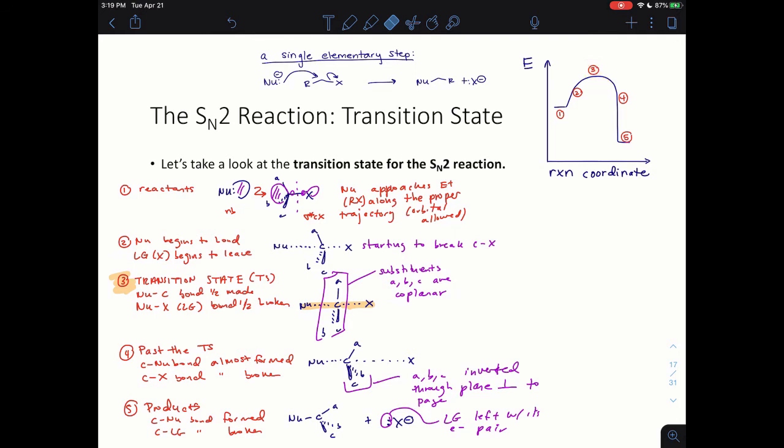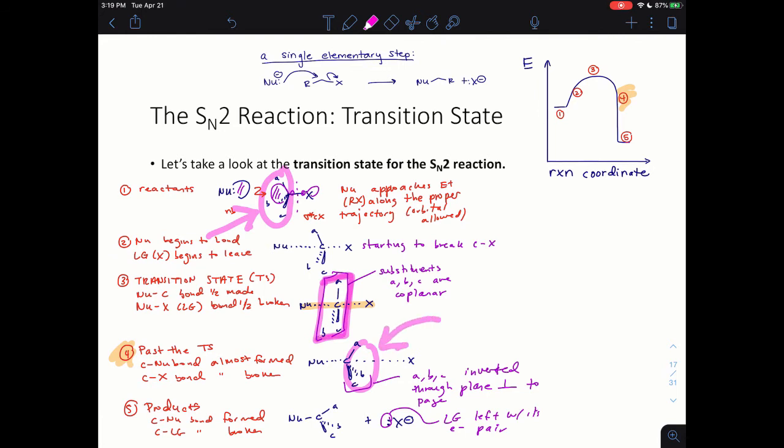As we go to species 4, just as we're heading downhill to the products, you can see that those substituents, A, B, and C, are now on the right side. It's like an umbrella flipping up in the wind. A, B, and C started out here on the left. They all passed through this common plane, and now they're here on the right.